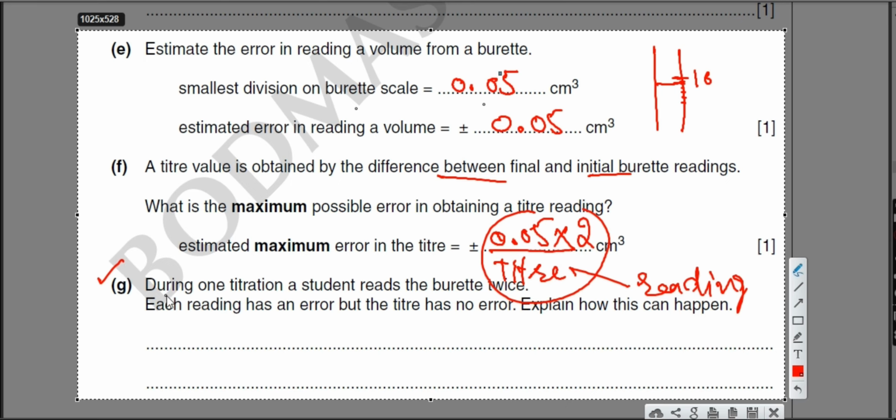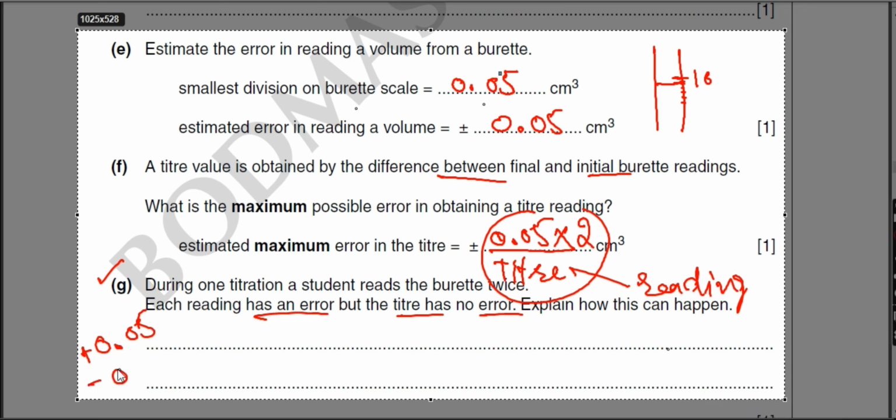Going to the next question, he says that during one titration a student reads the burette twice. Each reading has an error, but the titer has no error. How could this be? In a simple way, let us say that while taking the initial reading, the student made a positive error and added 0.05 more. Then when taking the final reading, he made the same mistake but in the opposite direction, -0.05.